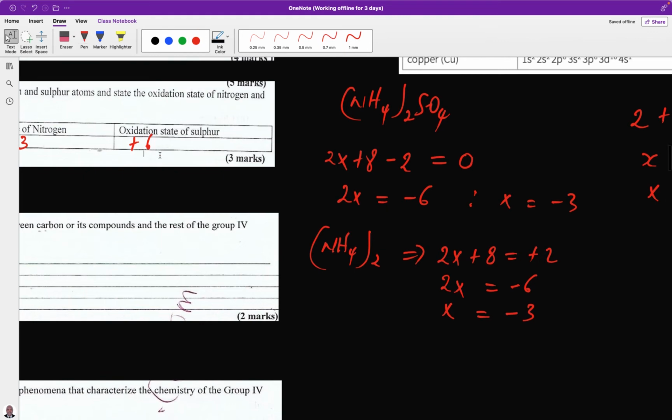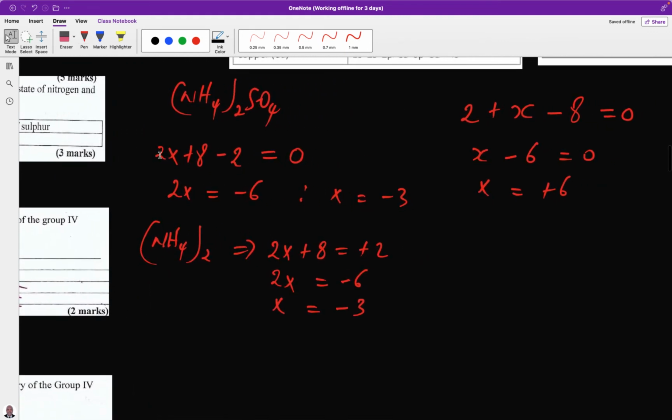Another way to calculate sulfur is to take sulfur in sulfate. If we are calculating sulfur in sulfate, we must assume the oxidation state for sulfate. Therefore, sulfur is x.